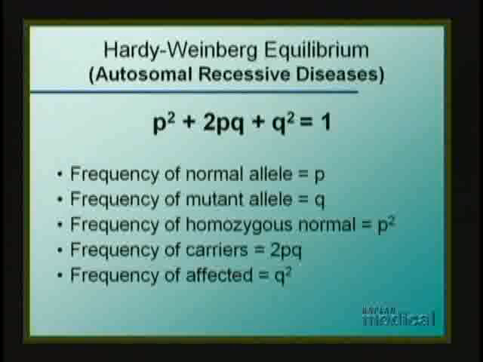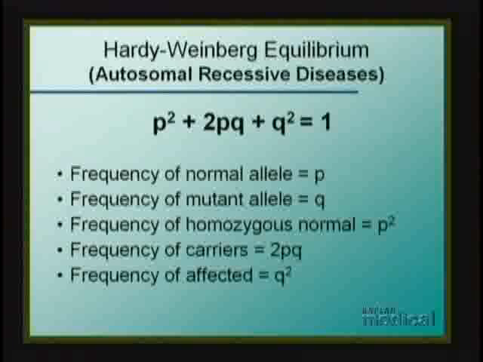So in this equation, P squared represents the genotype frequency for the homozygous normal individuals. 2PQ represents the frequency of heterozygous carriers in the population. Q squared represents the frequency of homozygous mutant or affected individuals in the population.